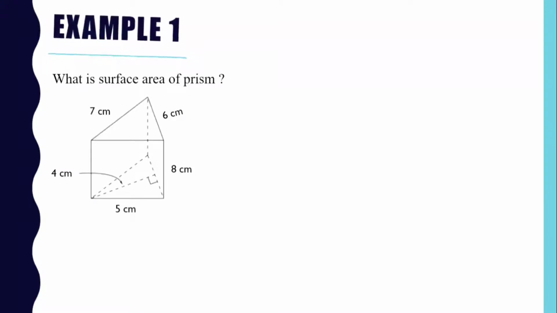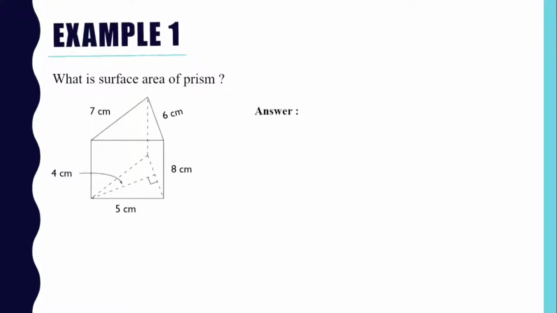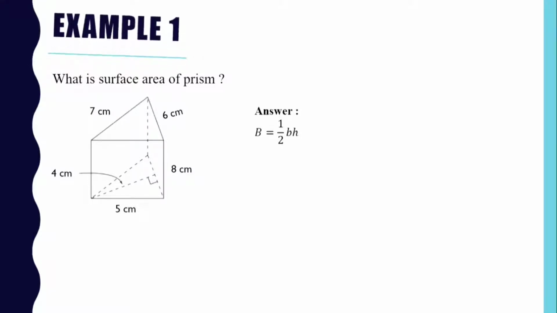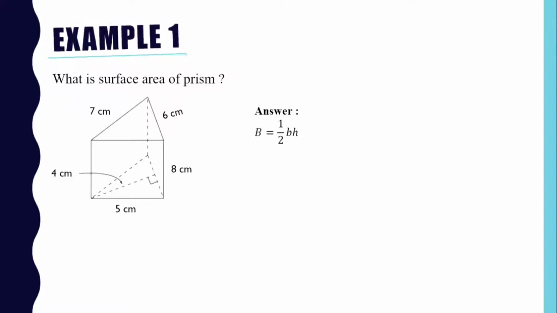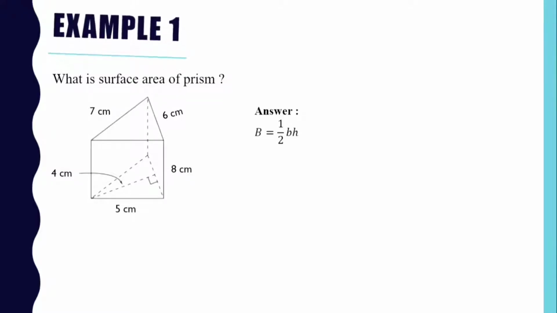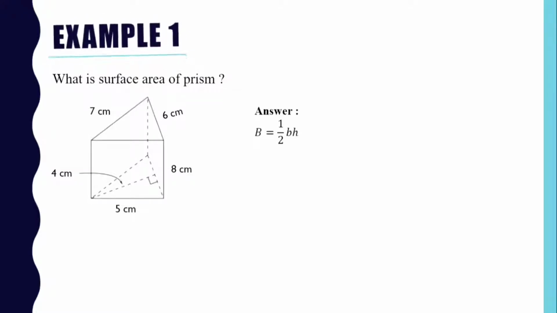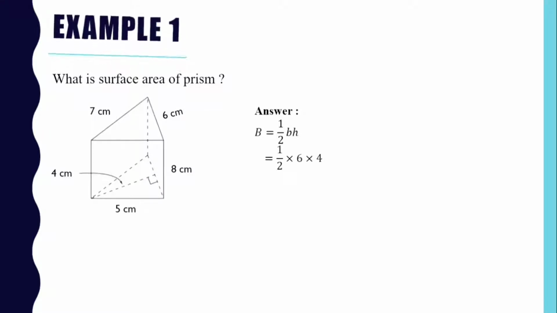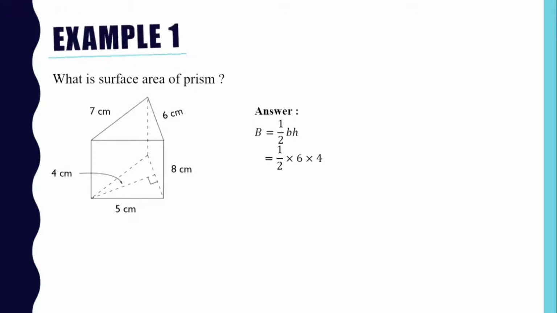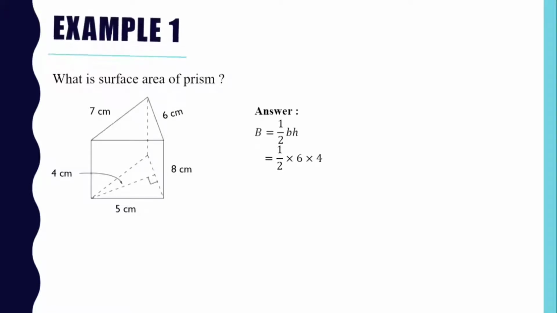Example 1. What is the surface area of the prism? The answer: from the picture, it's a triangular prism, so the base is a triangle. So the area of the triangle is half times the base of the triangle times the height of the triangle, equals half times 6 times 4 equals 12 centimeters square.